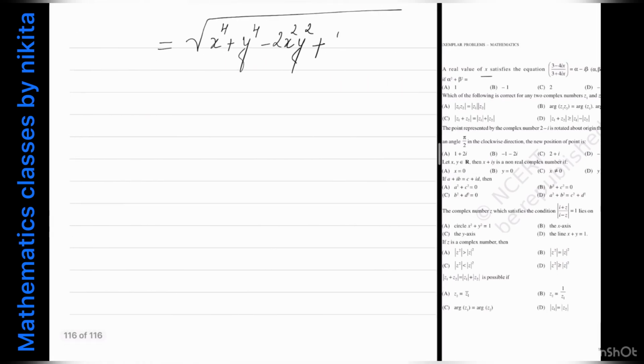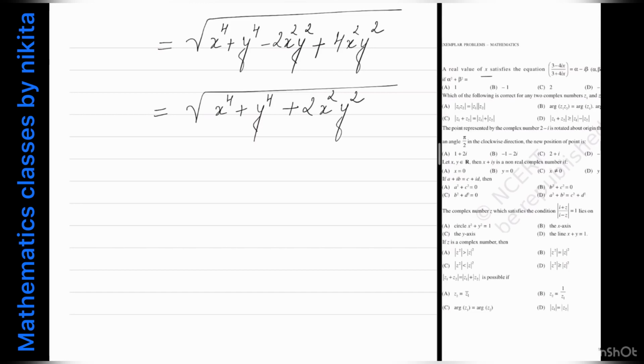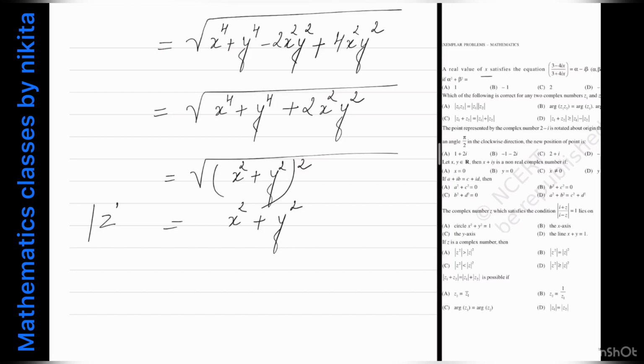So you will have 4x square y square, and this is equal to under the root x to the power 4 plus y to the power 4 plus 2 times x square y square, and this becomes what? Under the root, I can write this as (x square plus y square) whole square. Okay, which is equal to x square plus y square. So this is your mod of z square.